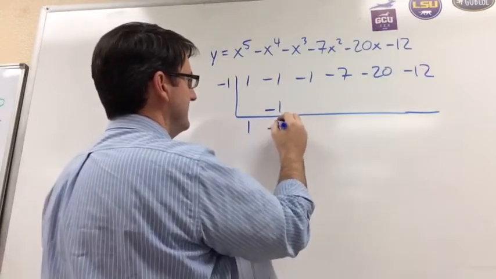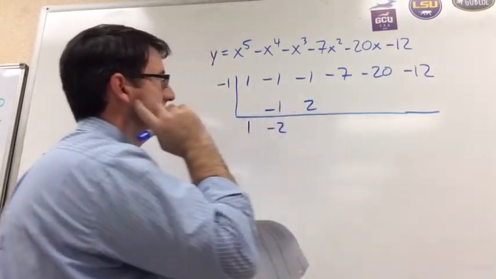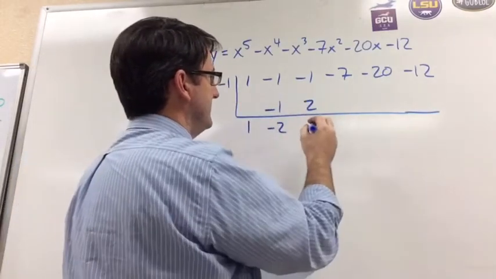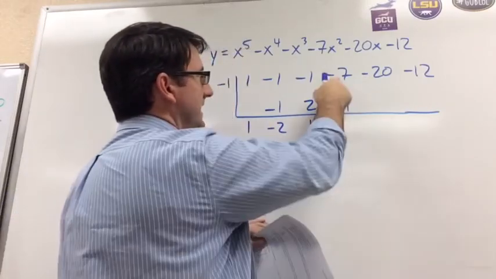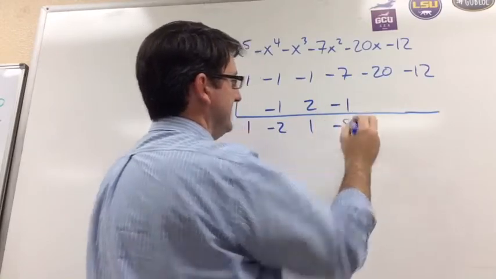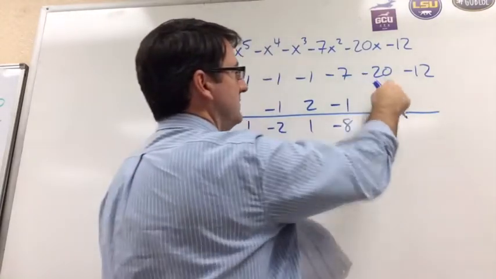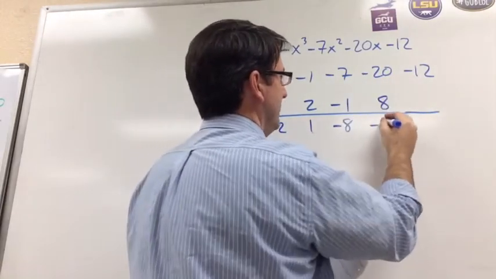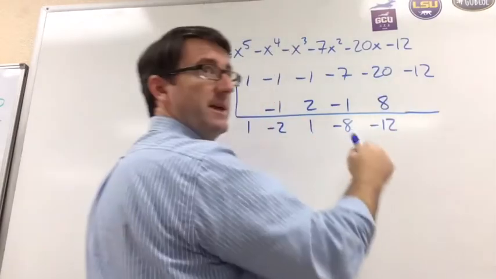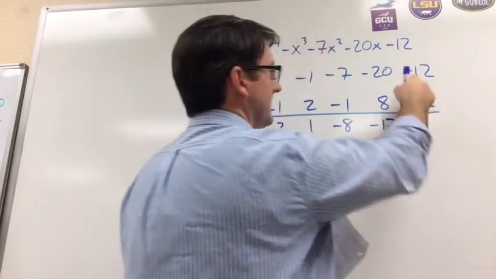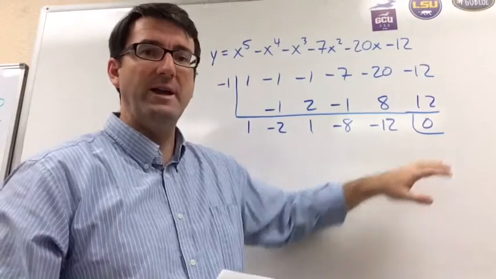Add those together, that gives us -2. -1 times -2 is +2. -1 plus 2 is 1. -1 times 1 is -1. -7 plus -1 is -8. -1 times -8 is +8. -20 plus 8 is -12. -1 times -12 is +12. -12 plus 12 is 0. And that's what we wanted, a remainder of 0.